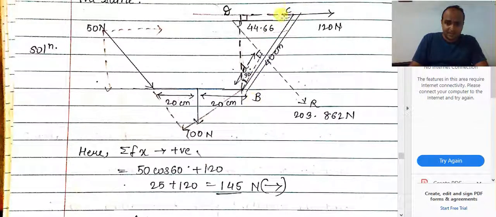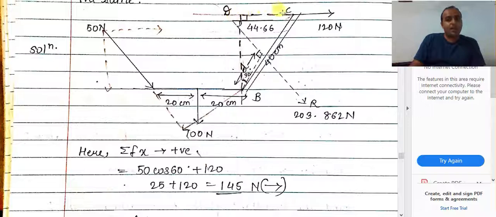I have considered this right angle triangle BCD, and in this, cos of angle 30 is the adjacent side BD divided by the hypotenuse BC. So I will get the adjacent side BD, which is the perpendicular distance of the 120 Newton force from point B.